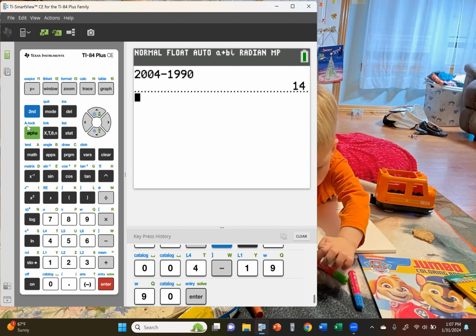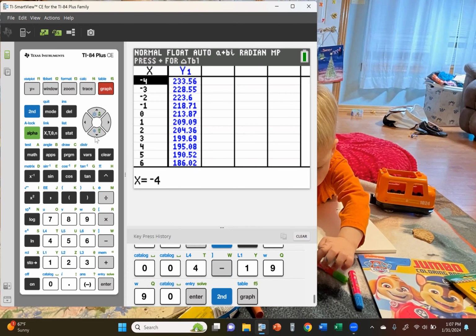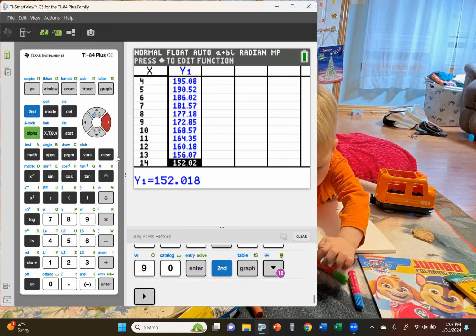So let's go to our table. And let's find X is 14. Now I am going to arrow over to highlight that value because my calculator is rounding off to 2 decimal places. And I don't want 2 decimal places.